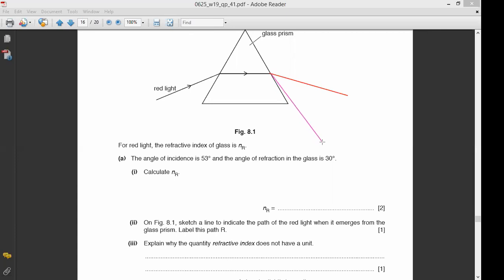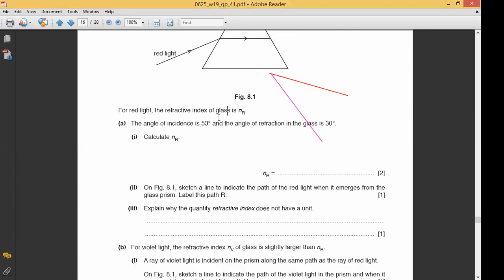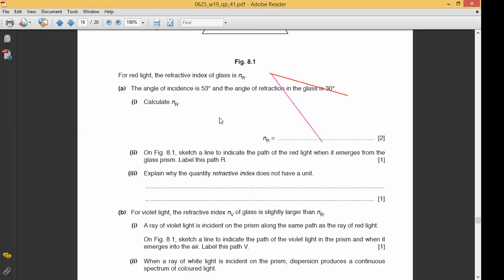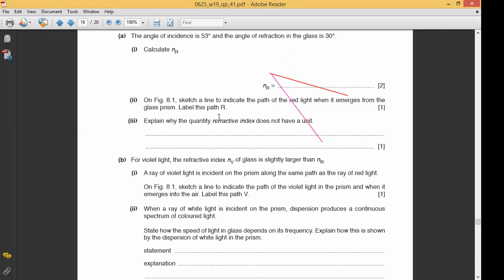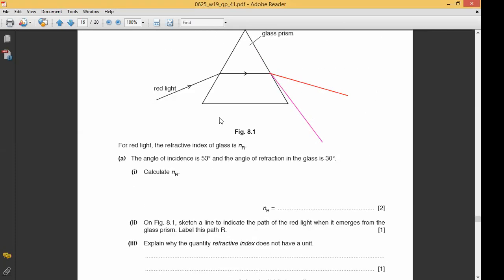Did they ask for violet? Yes. Okay. If they ask for violet, violet will refract this way, and red light will refract here. Violet will refract the most, while red light will refract the least. Remember.